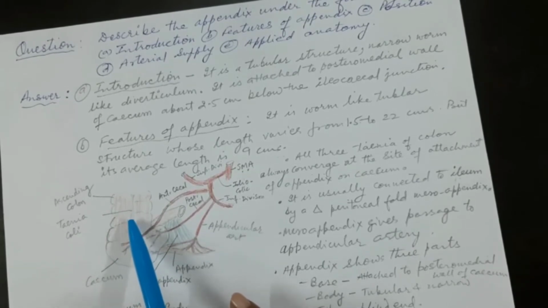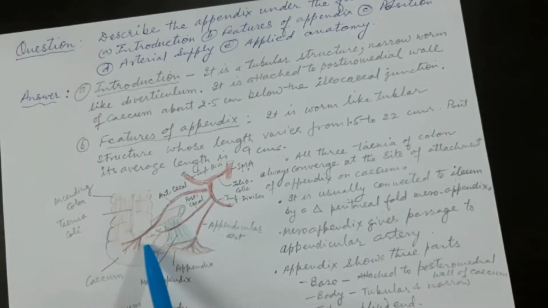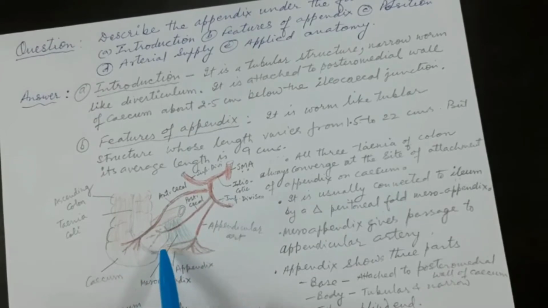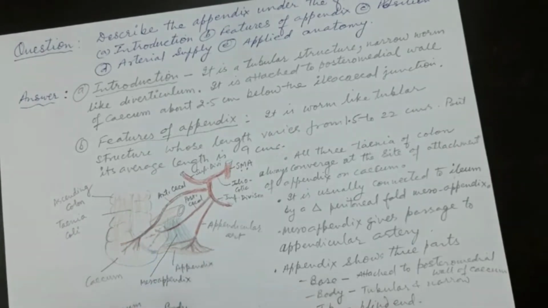There are three, and if you trace the tinea coli, they start from the base of the appendix. All three tinea converge at the site of the attachment of the appendix on the cecum. Wherever the cecum lies, ultimately the three tinea end at the base of the appendix.